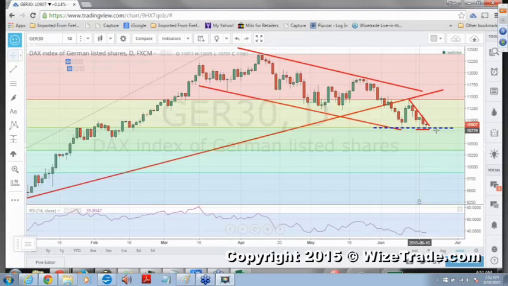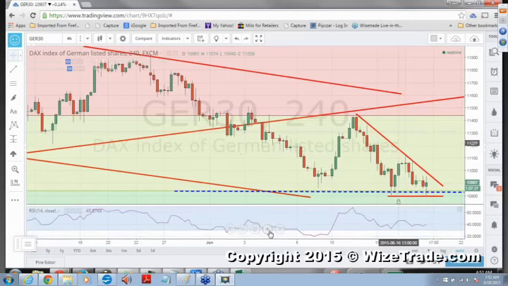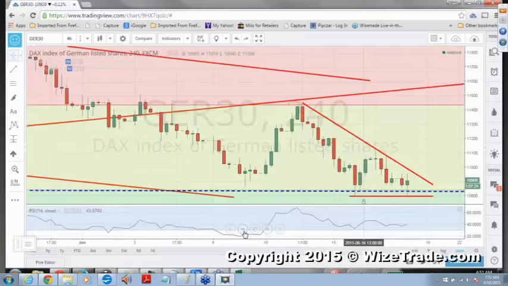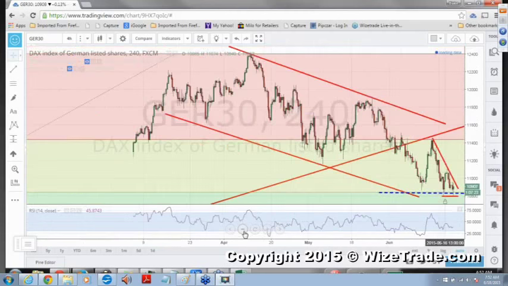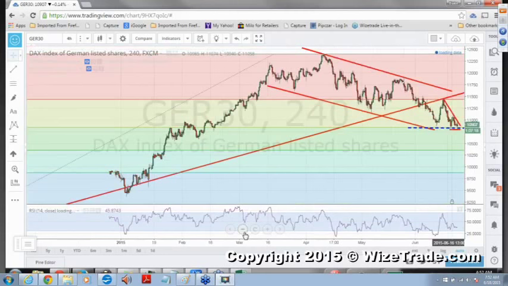So with that being said, what I should do here really quick is tweet that chart because I think it's really important for the DAX. Just give me a second to do so.